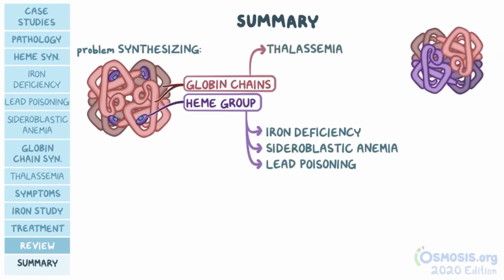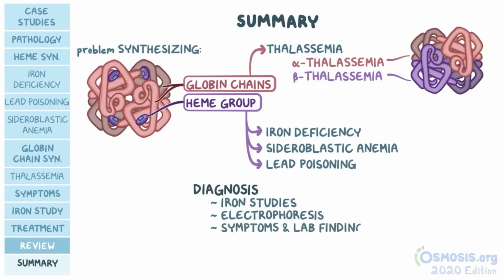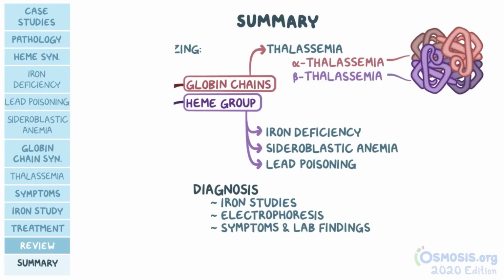Thalassemia, on the other hand, affects globin chain synthesis and could be alpha or beta depending on which type of globin chain is affected. A diagnosis can be made based on iron studies and electrophoresis, but also consider the other symptoms and lab findings.